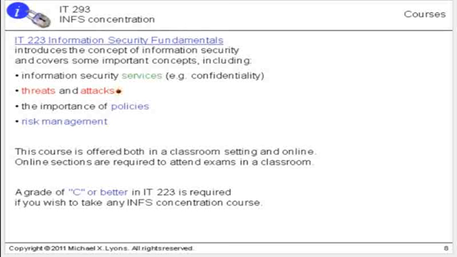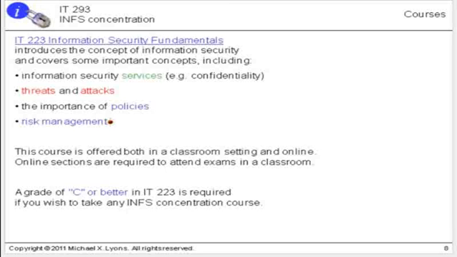We talk about the importance of policy. We can't just throw technology at a problem without understanding what is needed. So a policy is the place where we define the services that we need. Having done an analysis of threats and attacks, policy then is where we state what services are required, and that's the guiding document to decide what we actually do about it. Then we spend some time talking about risk management.